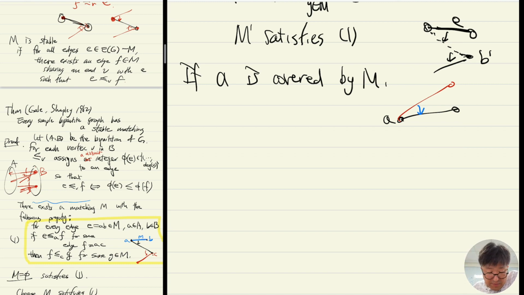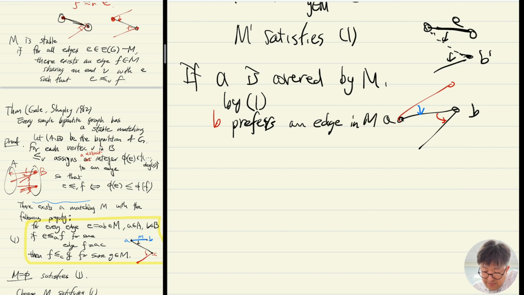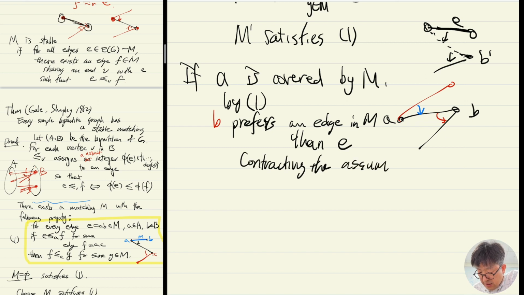But then by the property 1, B would actually prefer the other edge in M over E, contradicting the assumption that M is unstable.